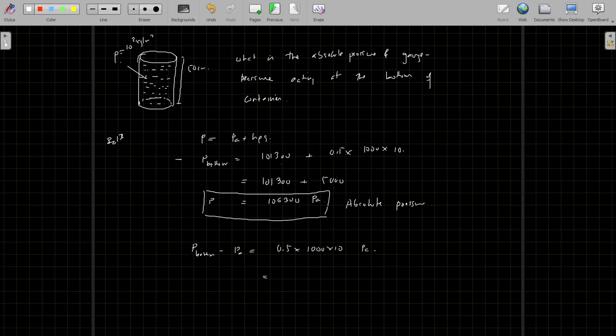That gives me 5000 Pascal. This is called the gauge pressure. So that's the difference between gauge pressure and the absolute pressure at any point.